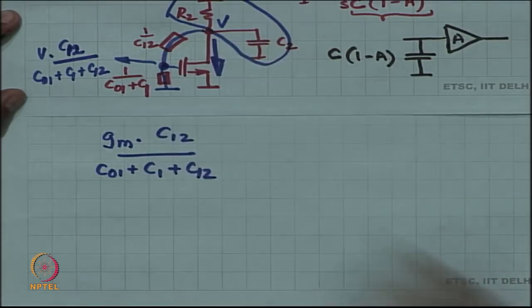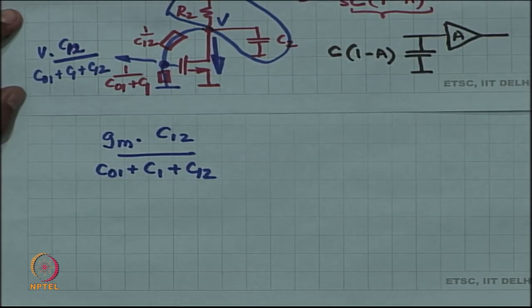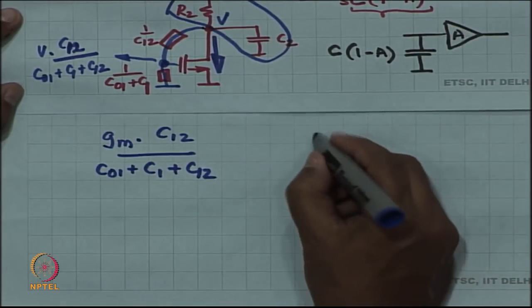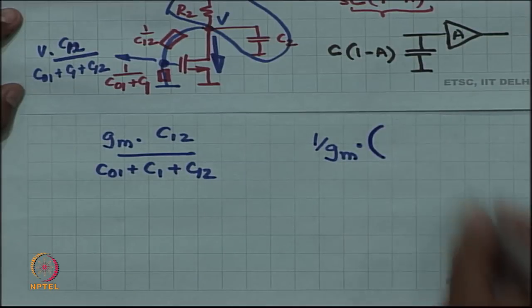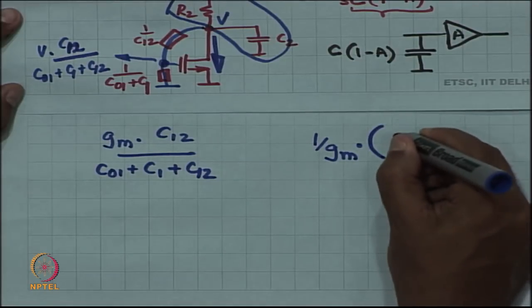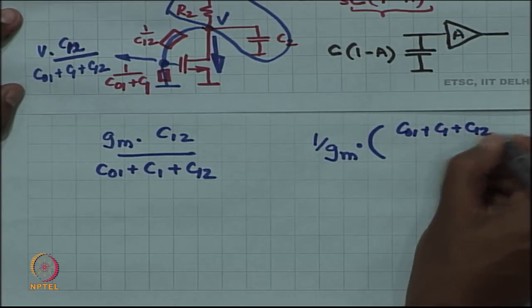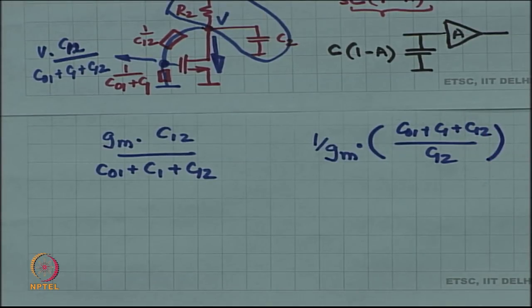This is the amount of current that the MOSFET takes, which means that the resistance posed by the MOSFET is 1 by this. So 1 by Gm times C01 plus C1 plus C12 by C12. This is the resistance that the MOSFET is offering.